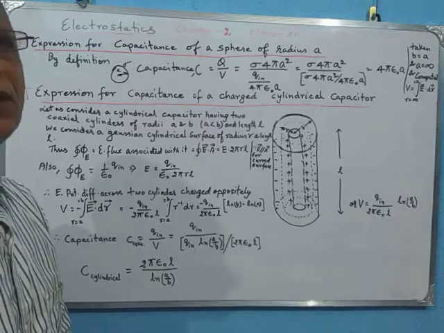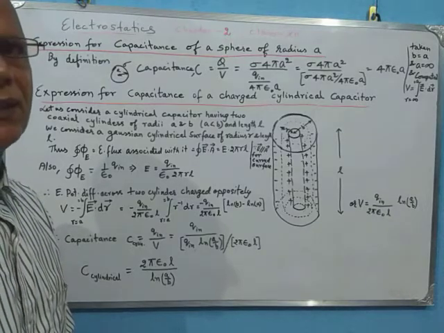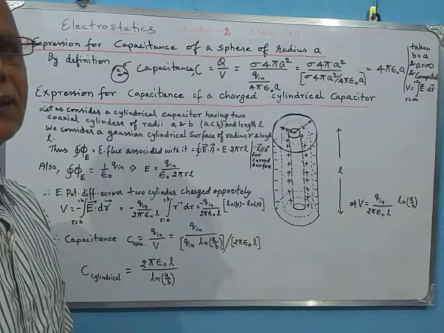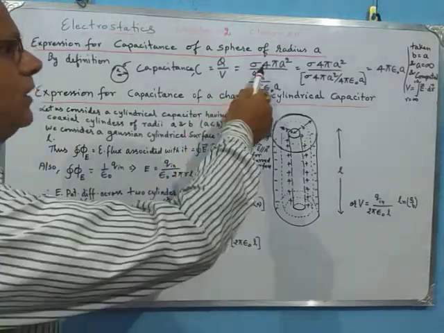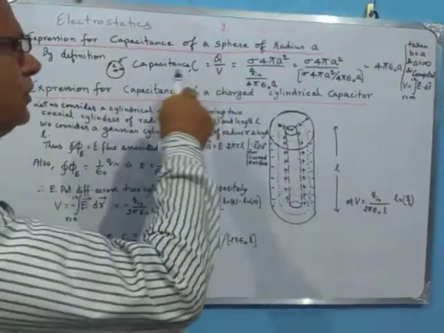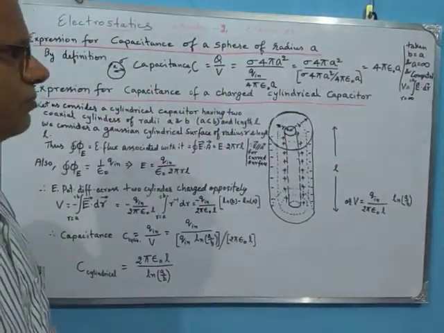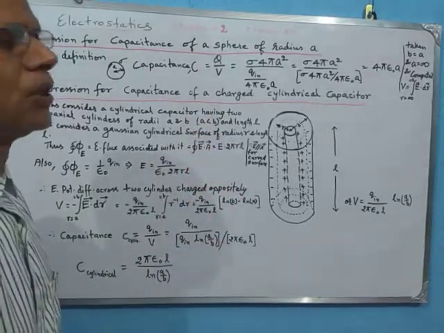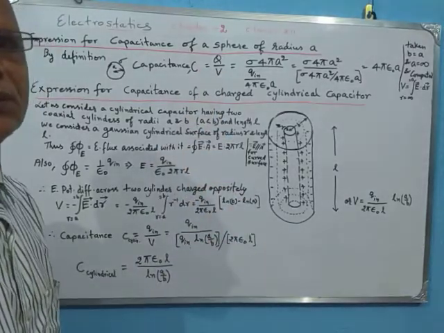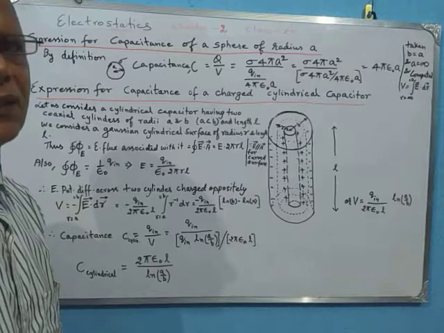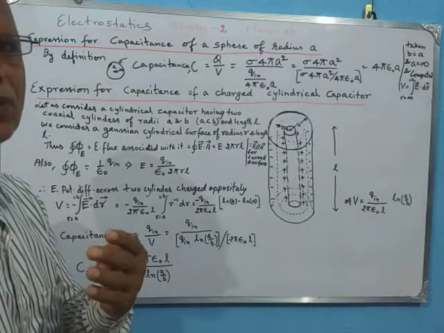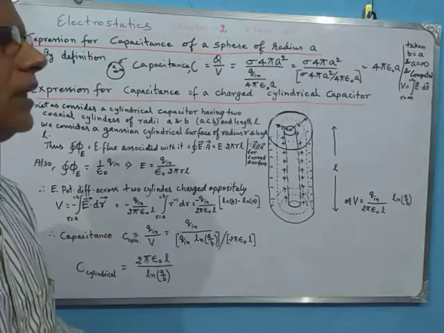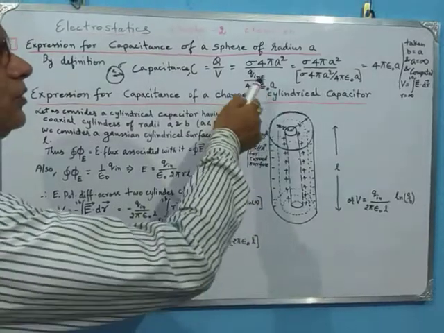And how are we going to find it? We take the amount of work done in bringing this much charge from infinity to this point A. So we integrate for the limit r equal to infinity to r equal to a, and then we solve it.